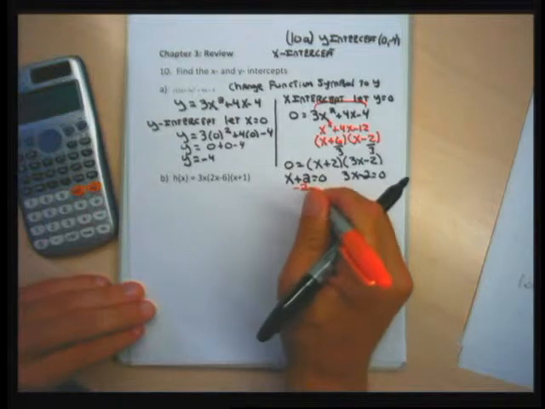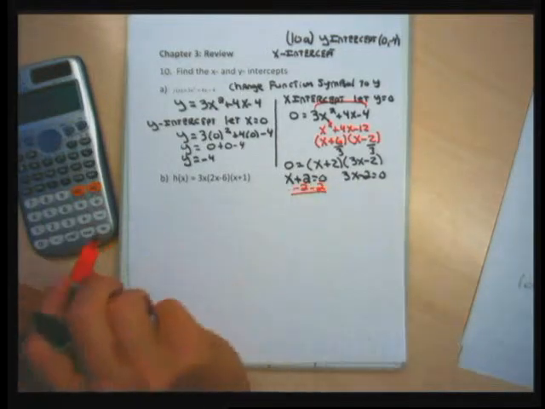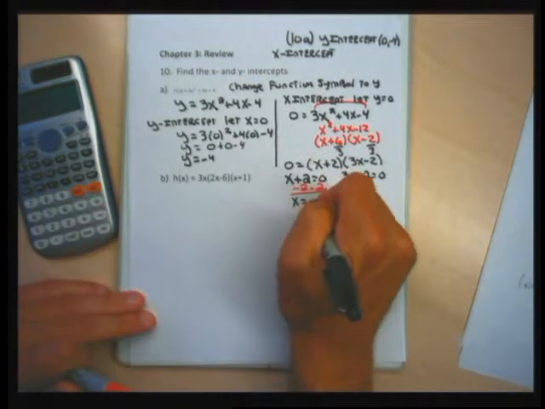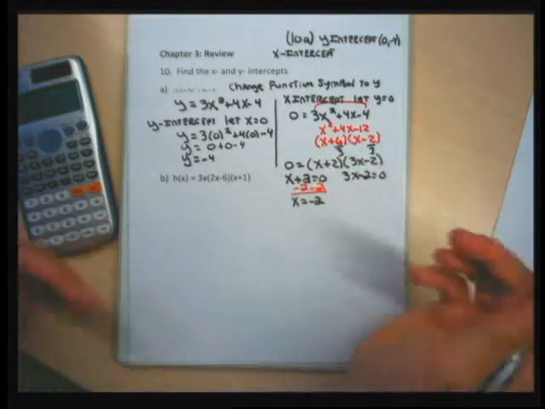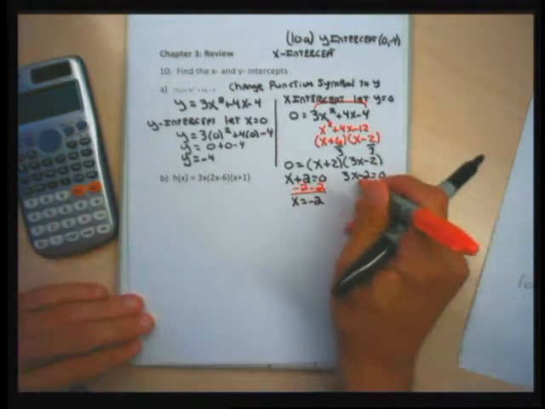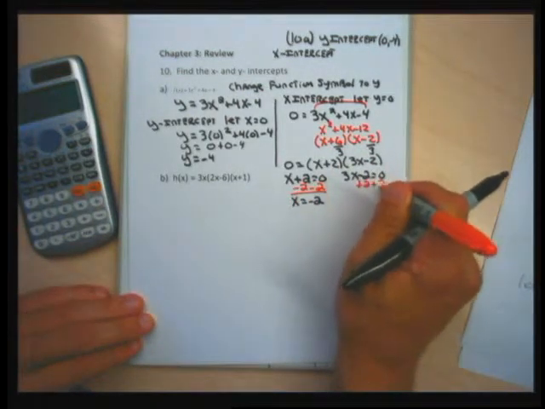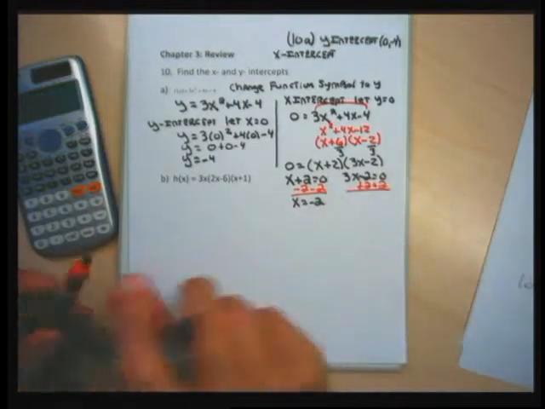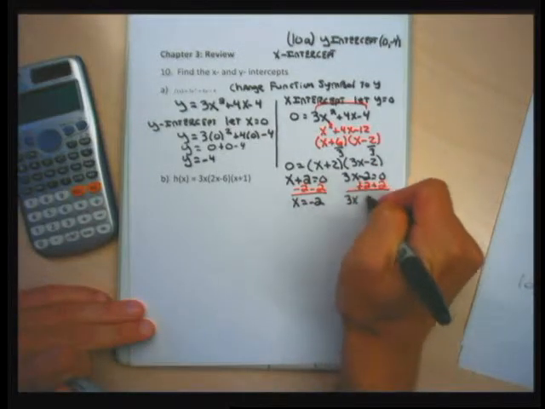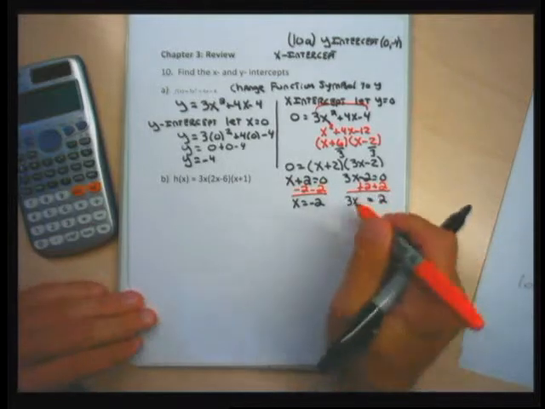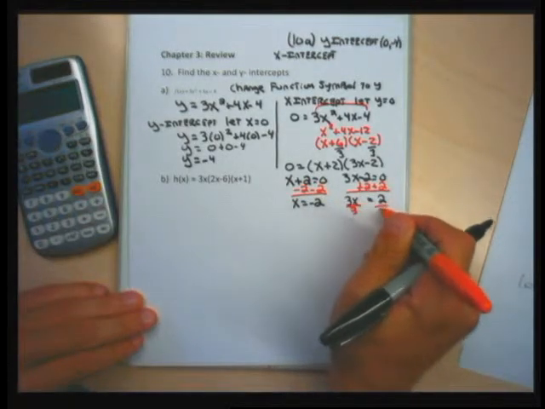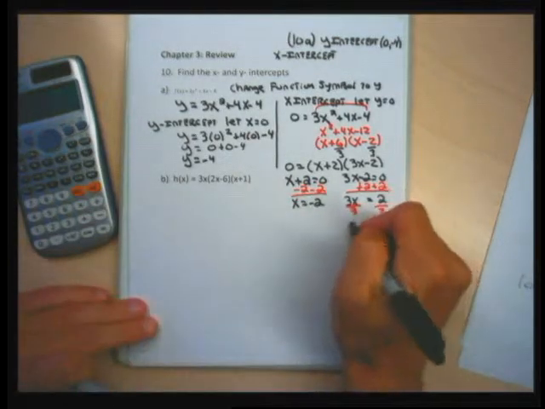For the x plus 2 factor, I'll minus 2 and get x equal negative 2 for the non-zero part of the x-intercept. For the 3x minus 2 factor, I'm going to add 2 and then divide by 3. I'll get x equal to 2/3.